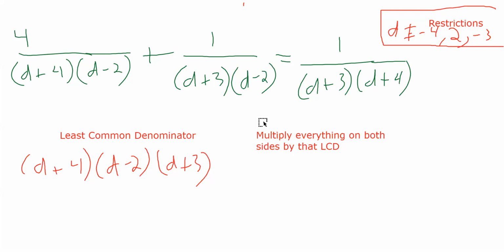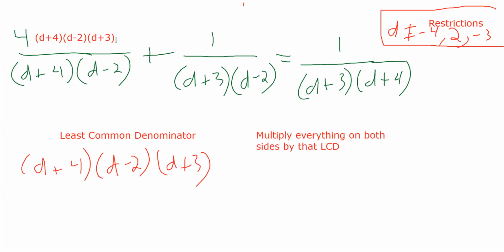So here's what I'm going to do. I'm going to multiply everything on both sides by that LCD, and we're going to get some cancellation. The LCD is all of all three of these factors. So, I'm just going to use text because it's easier. I'm going to multiply both sides by that entire expression.